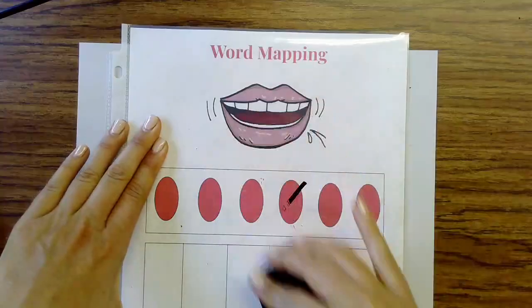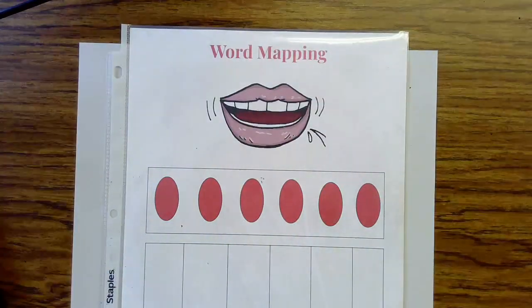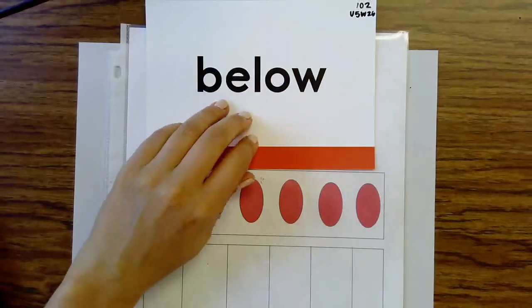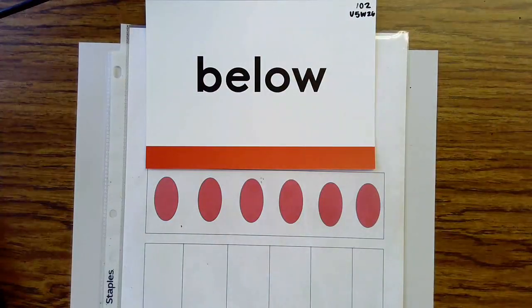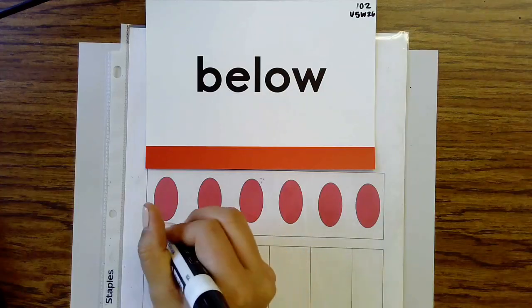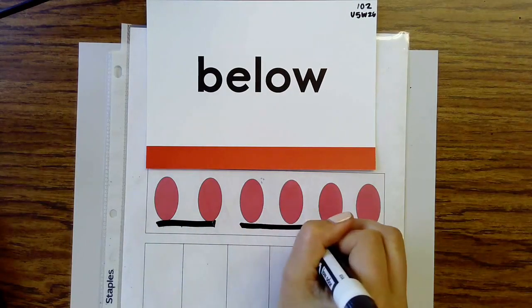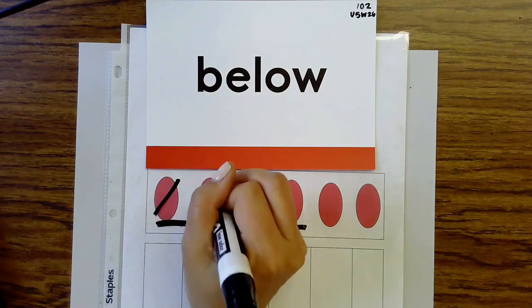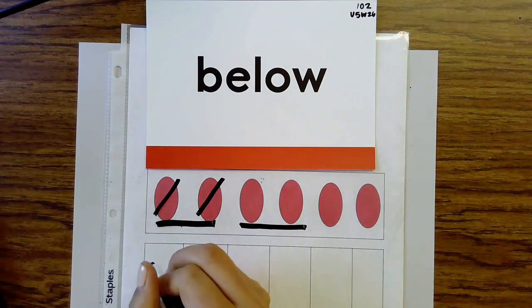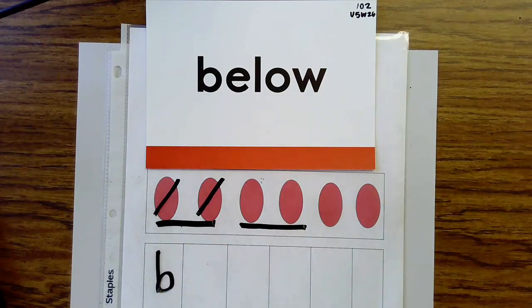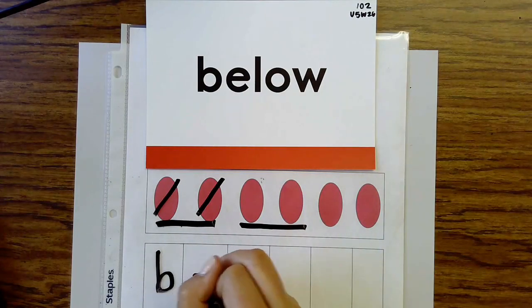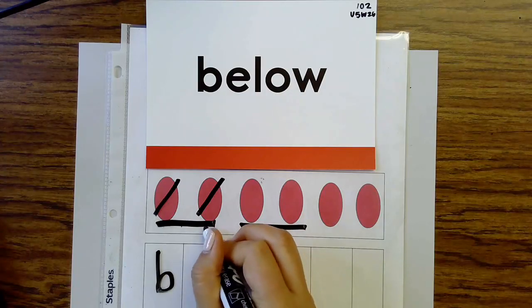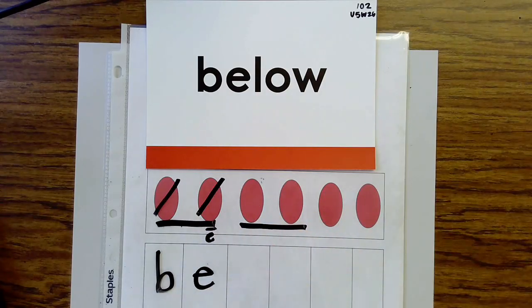Here comes another word. The next word we have is below. Say below. Below has 2 syllables. Be, low. Let's sound out be. B being the letter B. E being the letter E. It is a long E because it is at the end of the syllable. B. Low.